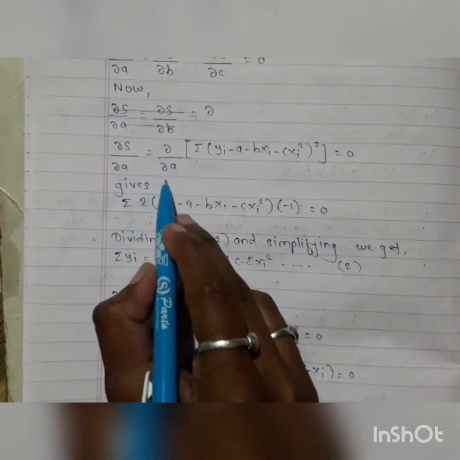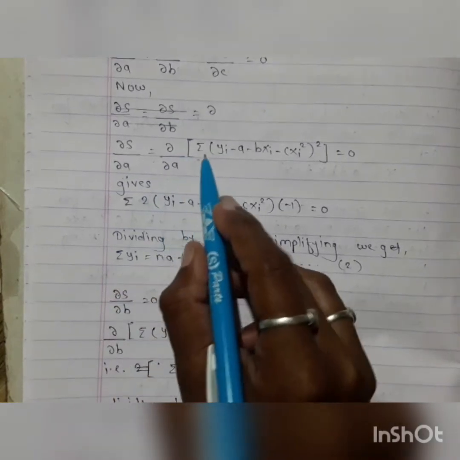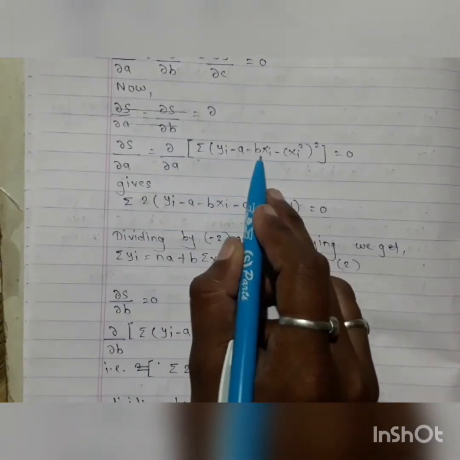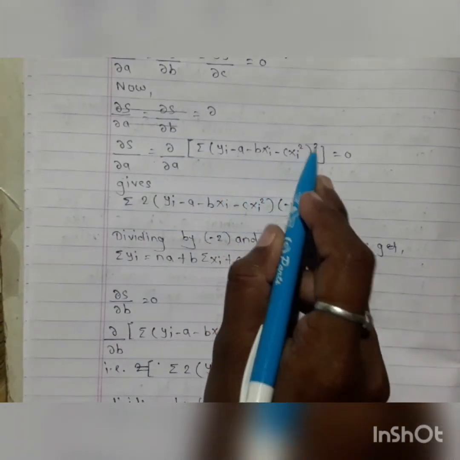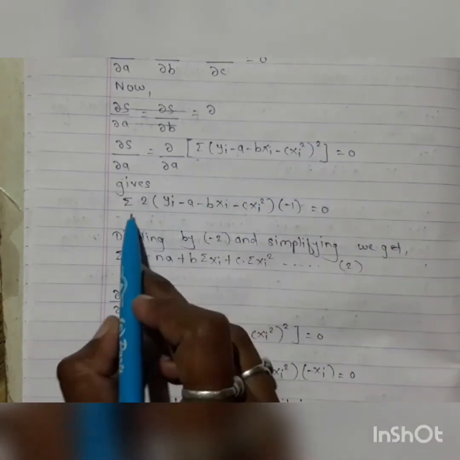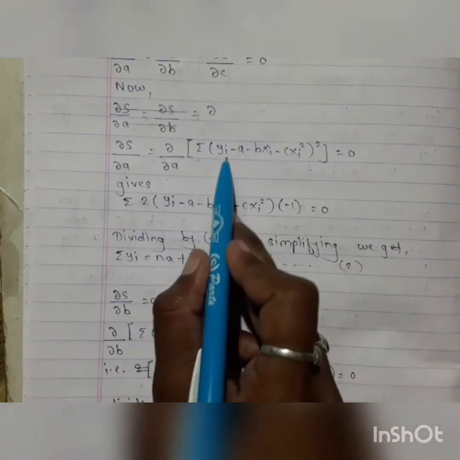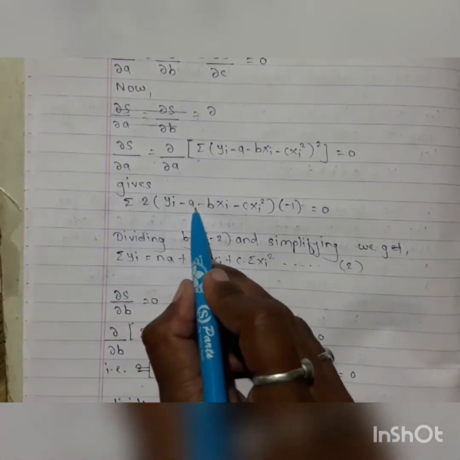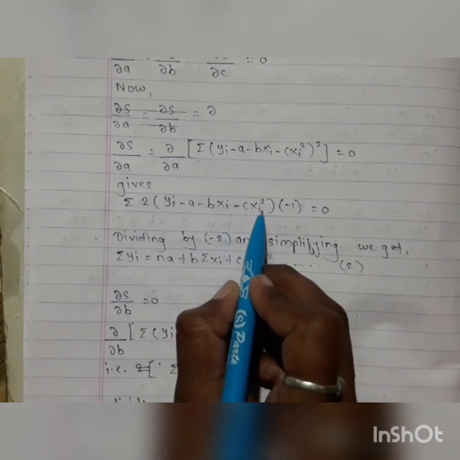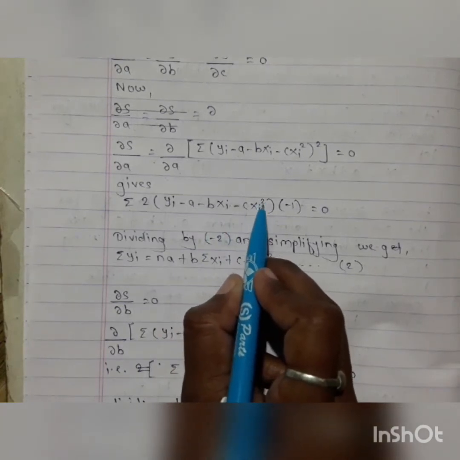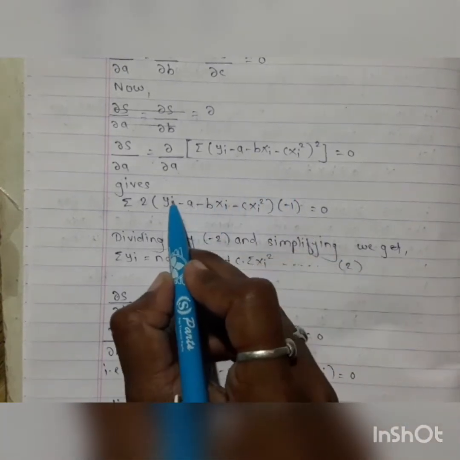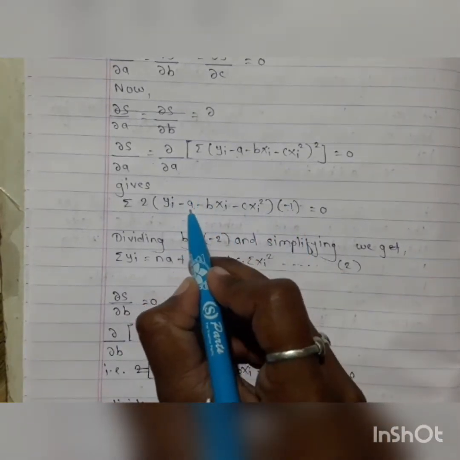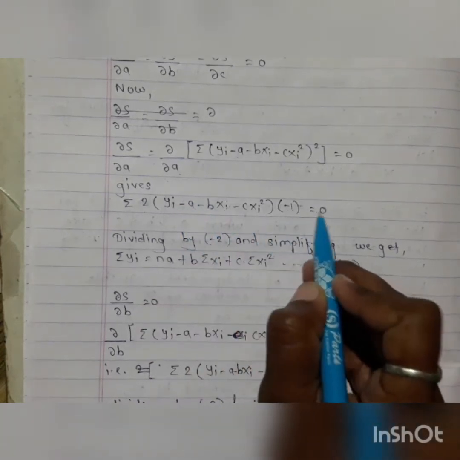Now first consider partial S by partial a, that is, differentiate S with respect to a, which is equal to partial by partial a of summation (yi minus a minus bxi minus cxi square) whole square, equal to 0. Differentiating gives summation 2 into (yi minus a minus bxi minus cxi square), and differentiation of this minus a is minus 1, which is equal to 0.